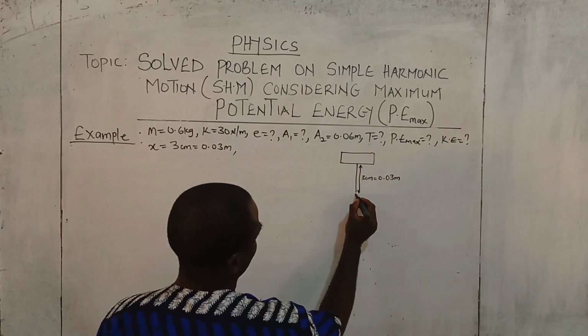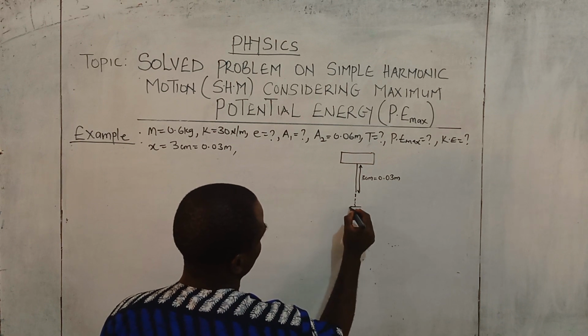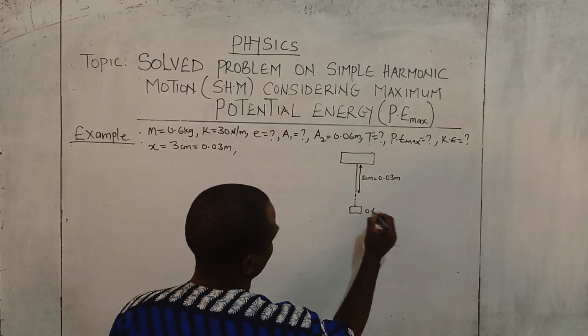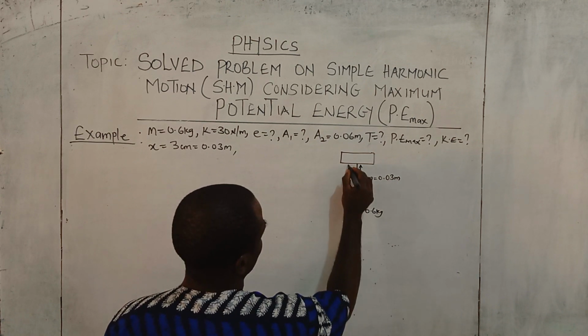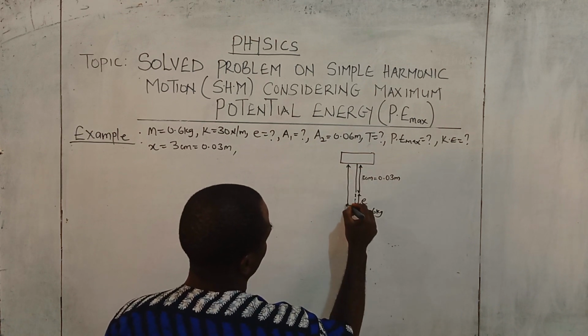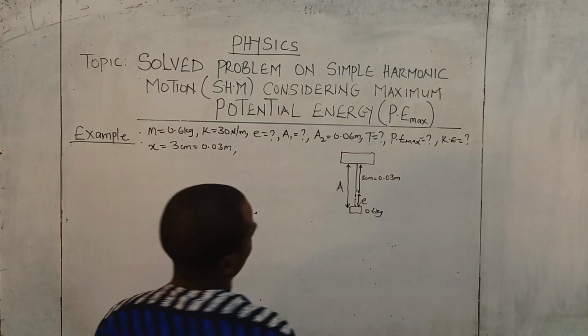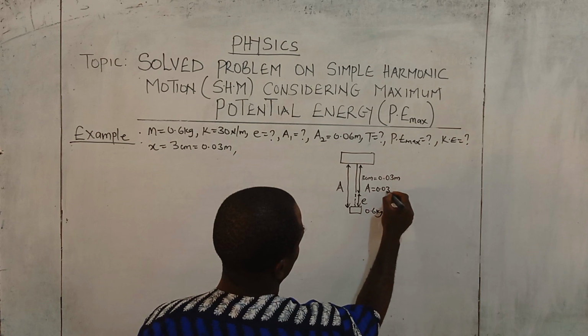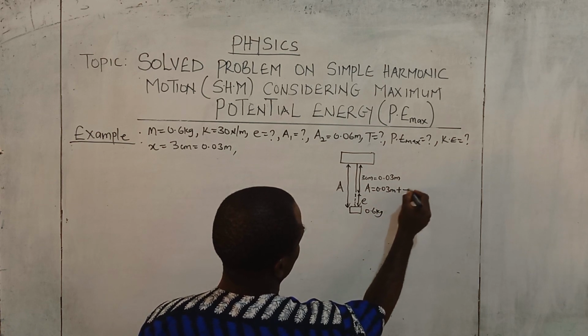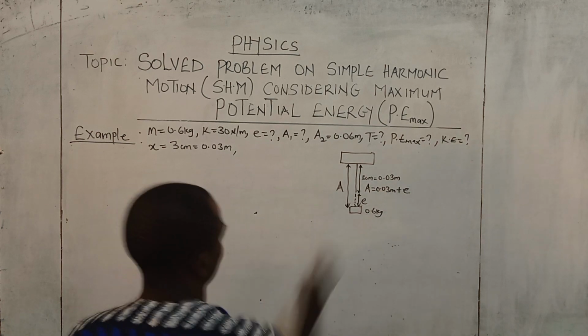Now, when the mass is hanged, there will be extension in the spring. The mass is 0.6 kilogram. The extension, we don't know it. E, the total is amplitude. That means that amplitude will be 0.03 meters plus E, the extension.